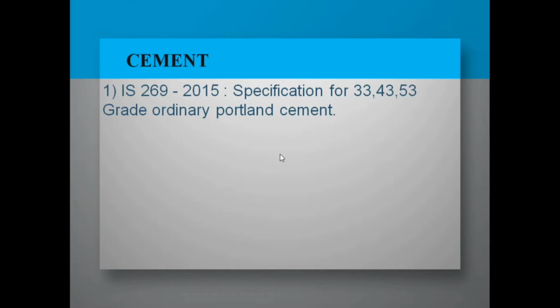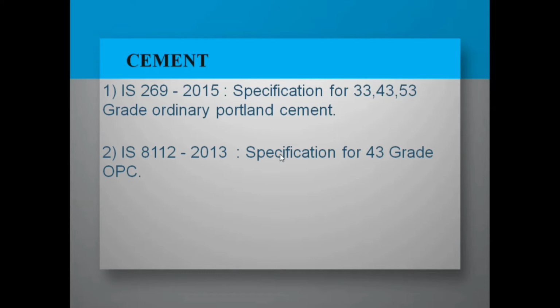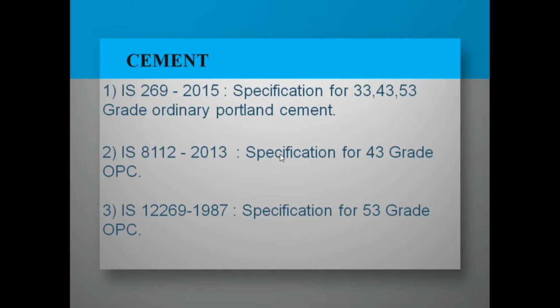This standard covers manufacture and chemical and physical requirements of cement grades, especially IS 8112 2013 for 43 grade OPC, and IS 12269 1987 for 53 grade OPC. These two codes give the specification for manufacturing and permitting use of 43 grade and 53 grade OPC.